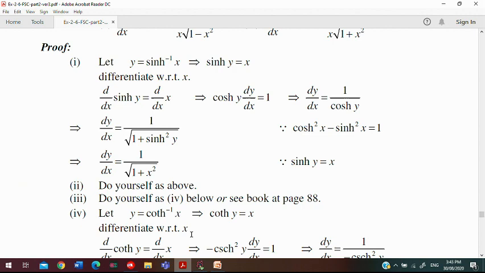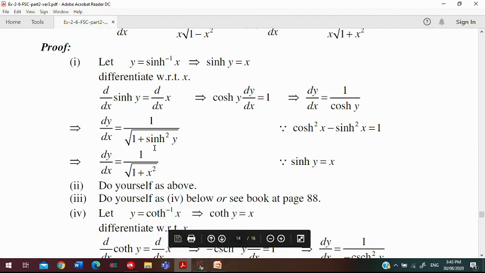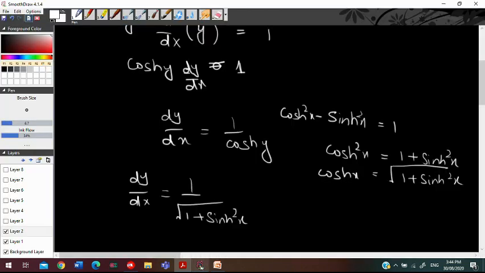The next step: here we have written 1 divided by the square root of 1 plus sine hyperbolic square, and we know the value of sine hyperbolic of y is equal to x. So instead of sine hyperbolic, we can write x square. Sorry, here I have written all this formula for x. You may convert it for y.